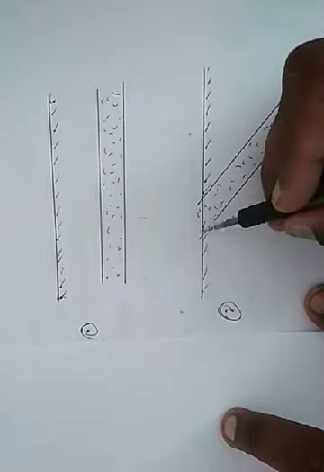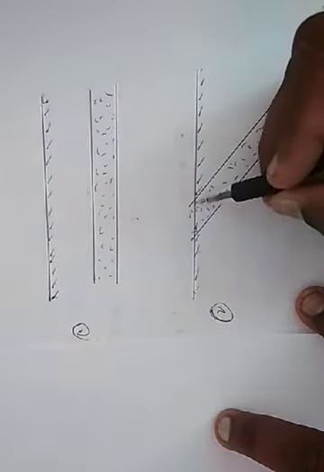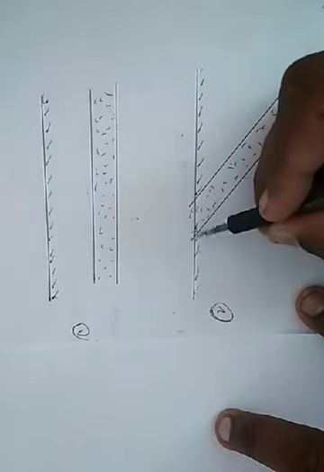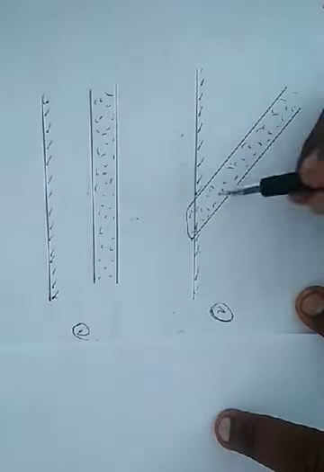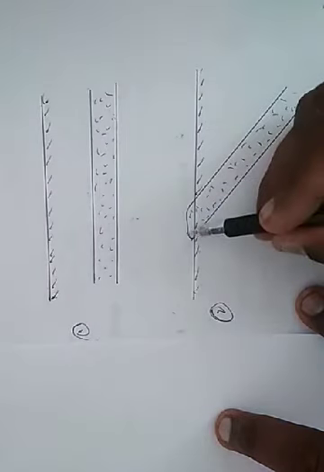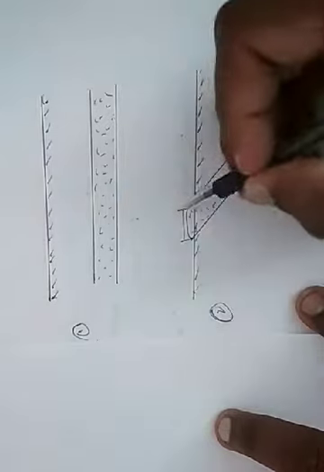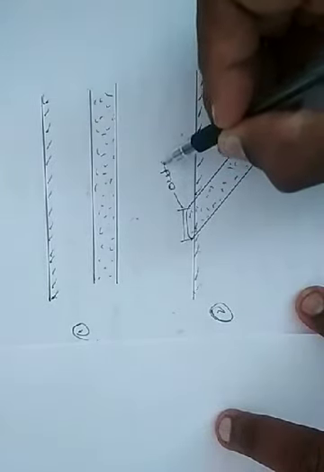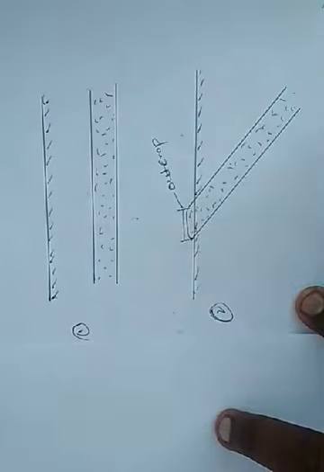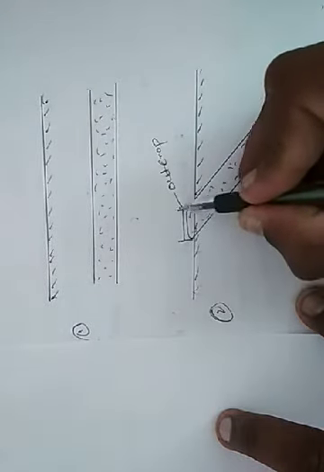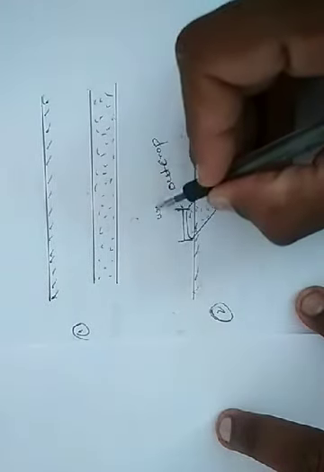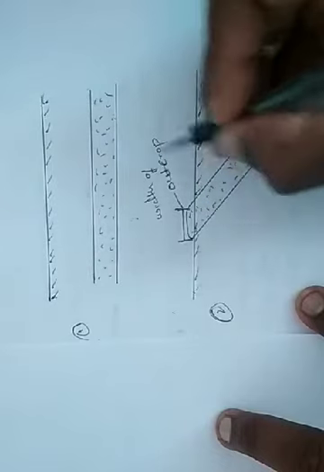Let us know what an outcrop is. In the case of an inclined position, some part of the rock bed will be exposed above the surface, and this exposed part is called an outcrop, and the width of this exposed part is called the width of outcrop.